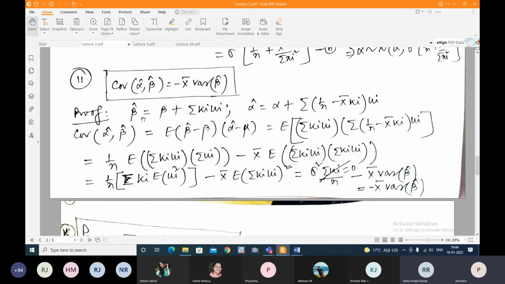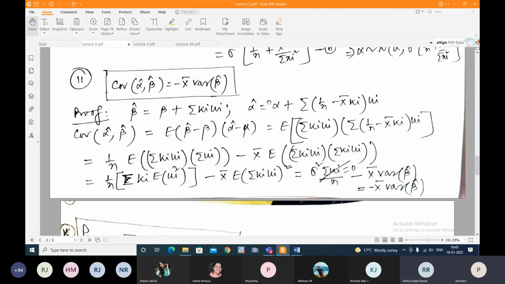How to do it? So this is beta hat. Already we have derived this expression for beta hat. Similarly, we have derived this expression for alpha hat. Now, when we say covariance of alpha hat, beta hat, it is basically the expectation of beta hat minus expectation of beta hat, into alpha hat minus expectation of alpha hat.